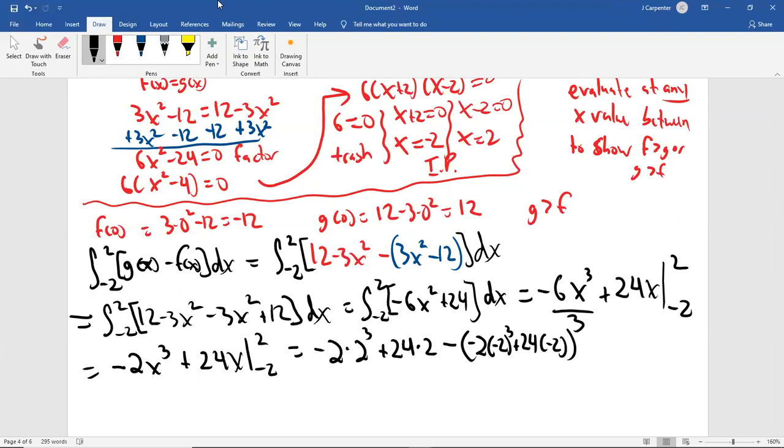There we go. 2 cubed is 8 times -2 is -16. That was this term. 24 times 2, that's a plus 48.